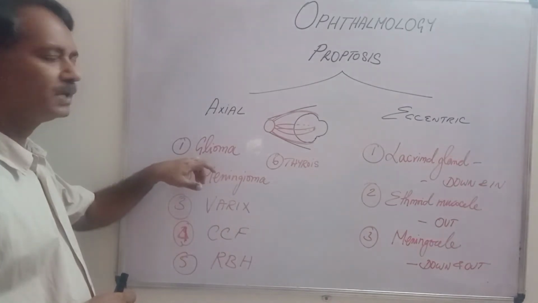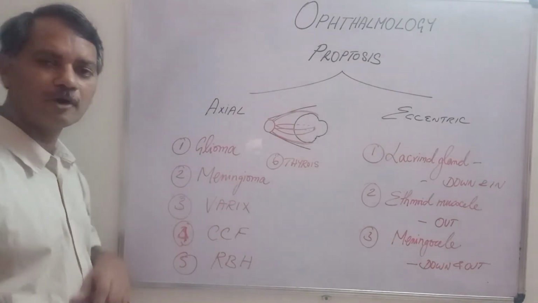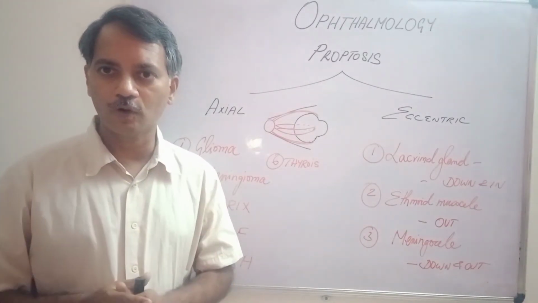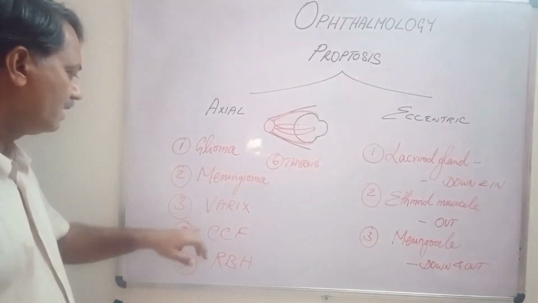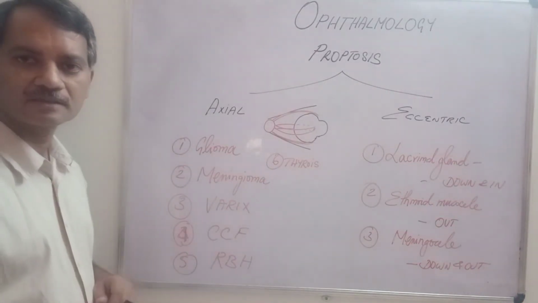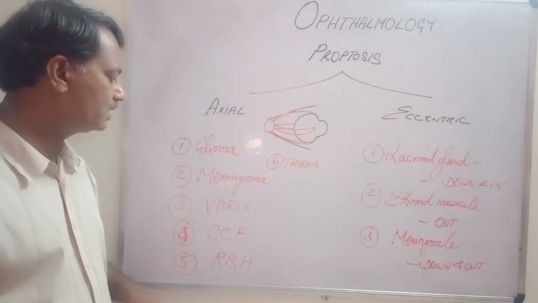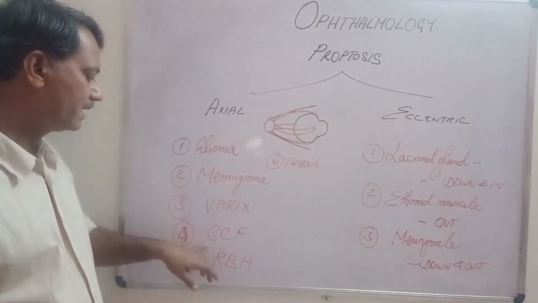Whenever there is a tumor of the optic nerve, that is the glioma or meningioma of the optic nerve, which is located within the muscle cone, then that will cause an axial proptosis. Orbital varices, venous tumors, will be very common within the muscle cone, leading to axial proptosis.